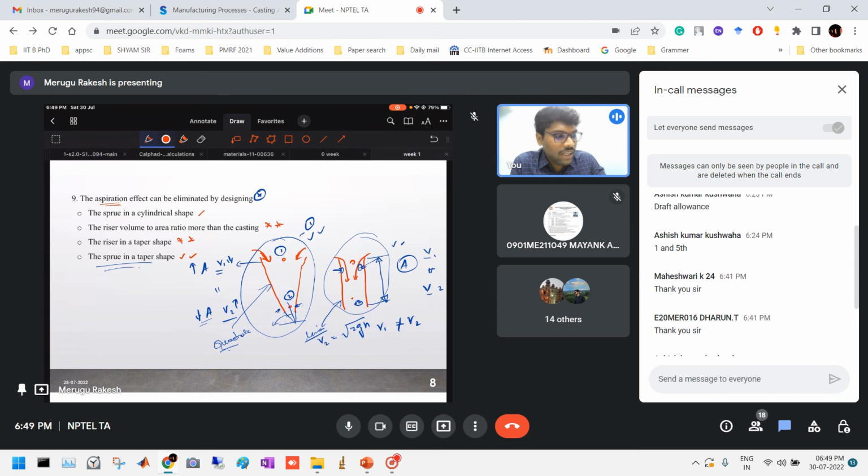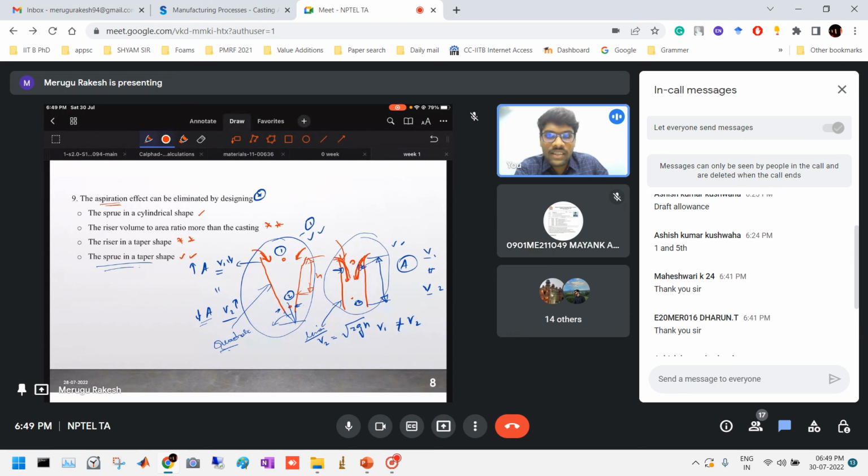I have explained here that the velocity depends on the head we have. At point 2 we have some head here, so the velocity will increase very high while pouring. In the second, cylindrical shape, we have flow separation. That is why we prefer the taper shape over the cylindrical.